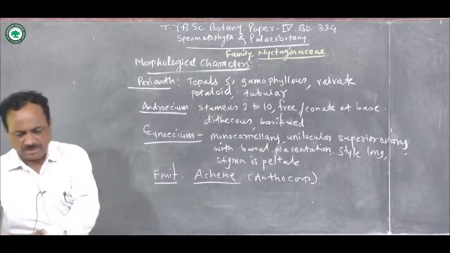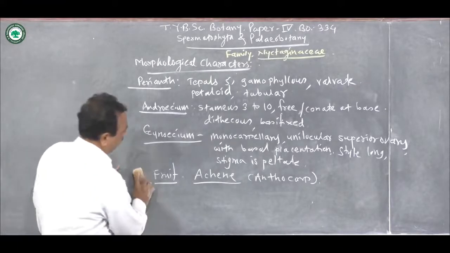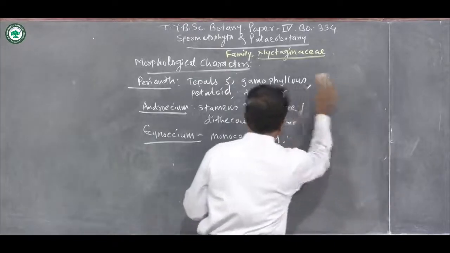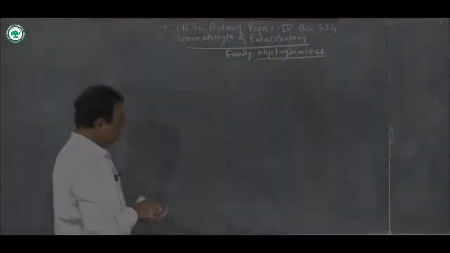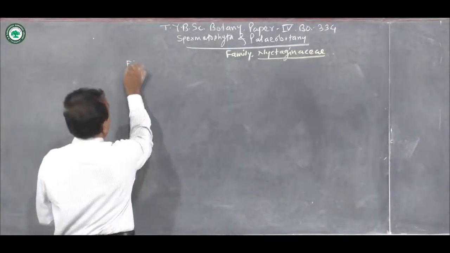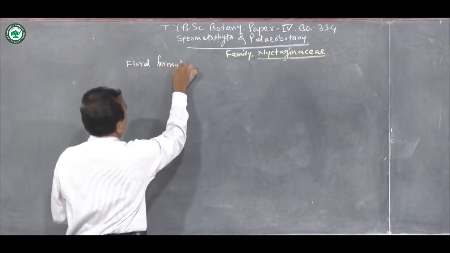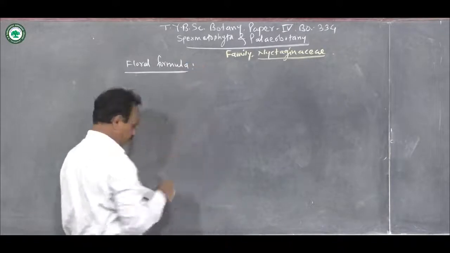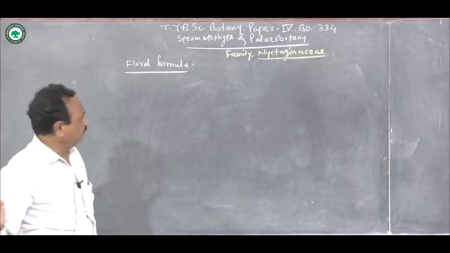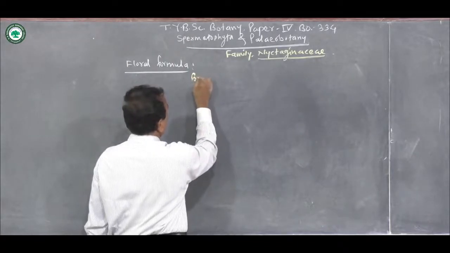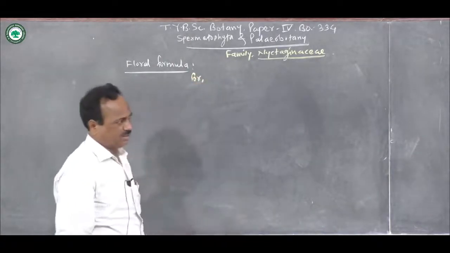Now let us see the floral formula and the floral diagram. Let us see first the floral formula. As I told you, the flowers are bracteate, so its symbol is Br.